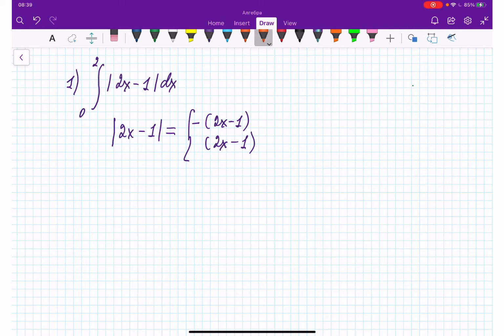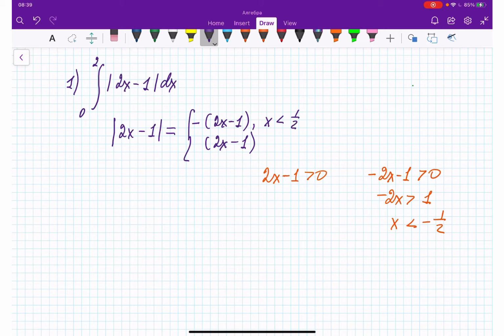Therefore, to do the drafting, it's going to be negative (2x minus 1) greater than 0, and also 2x minus 1 greater than 0. What we get here: negative 2x is greater than 1, so x is less than 1/2.